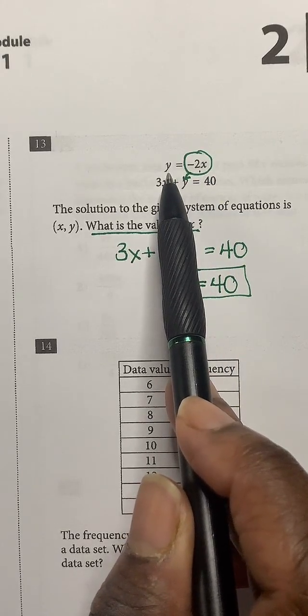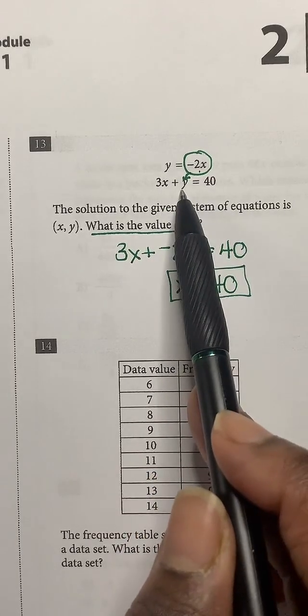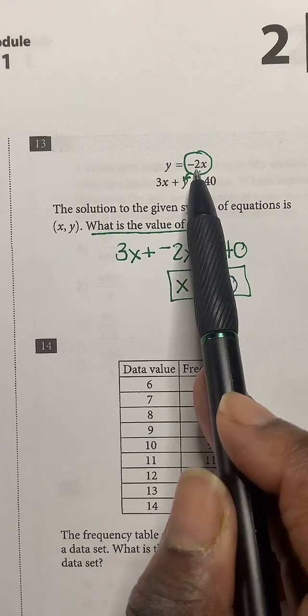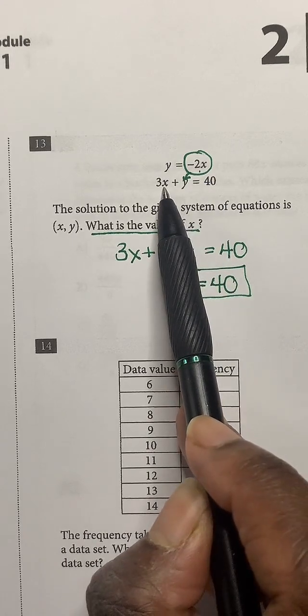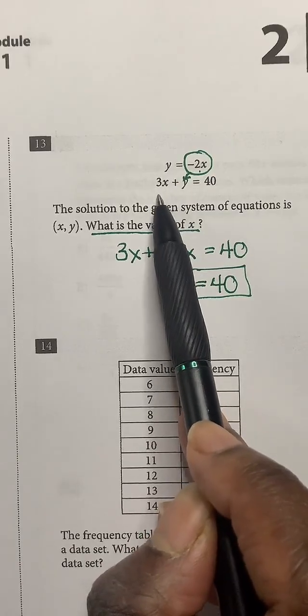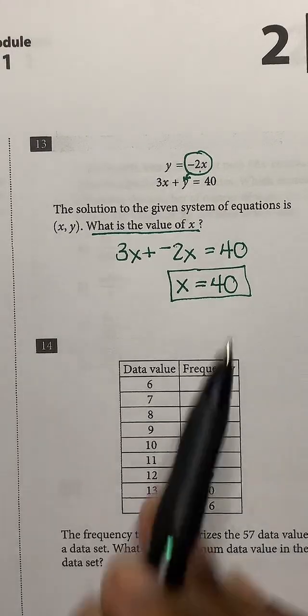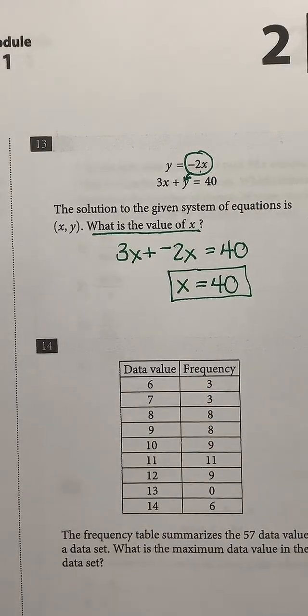You're just doing extra work and making life harder for yourself. If you want to plug it in, you can plug it in for your x. So that means you got 3 times y over negative 2. And then you can have fun with that. Then you're going to have to take your answer and plug it back in to solve for x. You're doing too much.